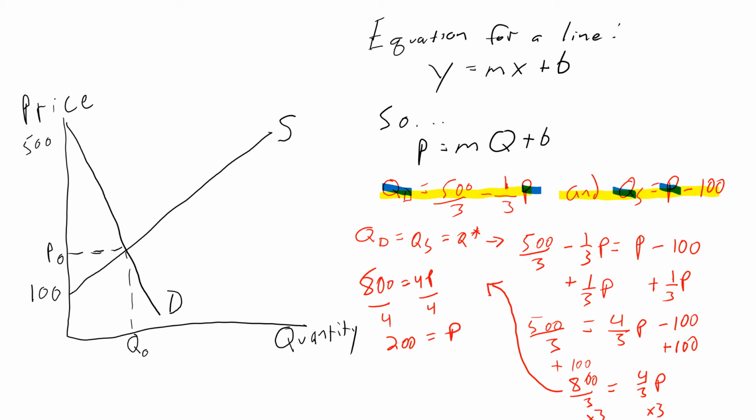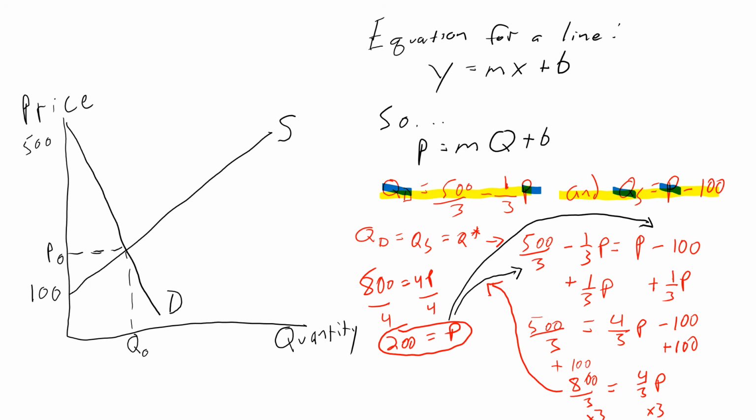So this is the exact same equilibrium price that we had on the previous slide when we solved using those other equations. And we can similarly plug this back into either of our equilibrium quantity demanded or quantity supplied equations. Let's just plug it into the easier one here.